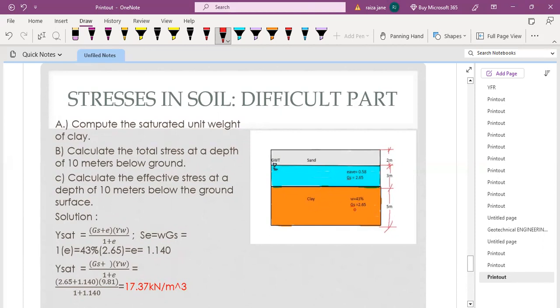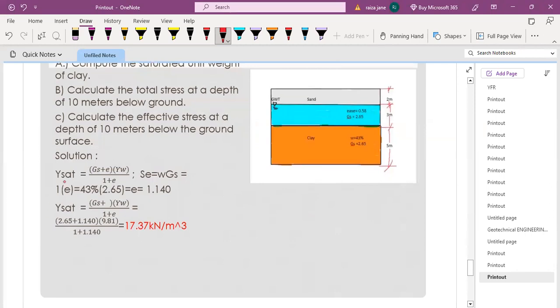We have water content 33%, and specific gravity is 2.65, ganon din dito, 2.65 din, and the average void ratio is equal to 0.58.